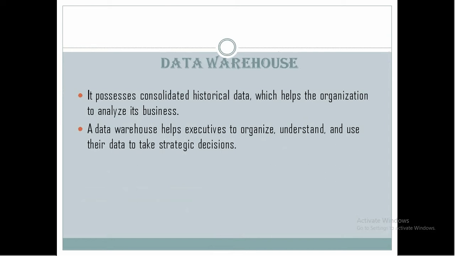It possesses consolidated historical data which helps the organization to analyze its business. A data warehouse helps executives to organize, understand, and use their data to take strategic decisions. There is no frequent updating done in a data warehouse. It helps in consolidated historical data analysis.